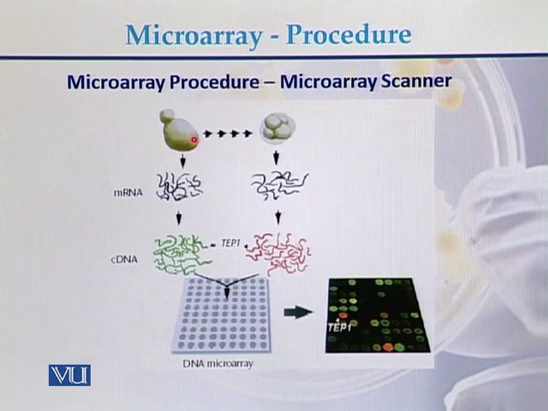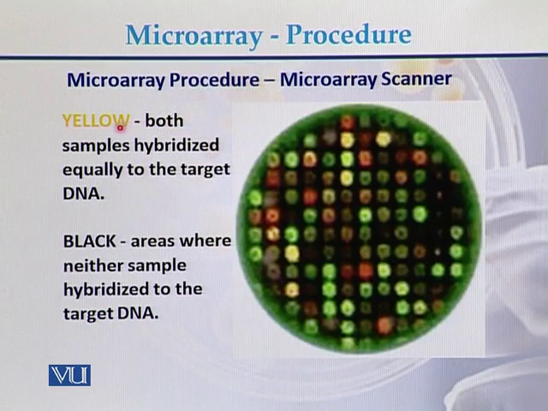If we compare why there is red fluorescence and green fluorescence: in the normal tissue samples, messenger RNA was purified, and this is the cancerous one, where messenger RNA was also purified. The normal gives the green color, while the cancerous gives the red fluorescence. So with the help of green and red, we can check the expression of the cDNA or RNAs in the cells.